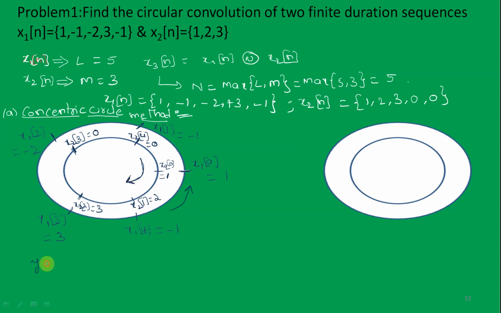So y of n is determined from the formula: x1 of n circularly convolved with x2 of n, indicated like this.